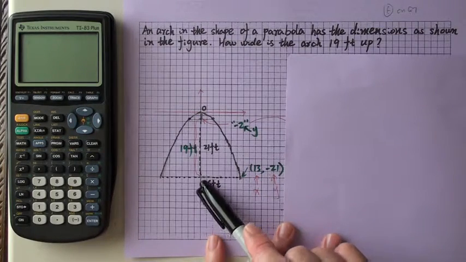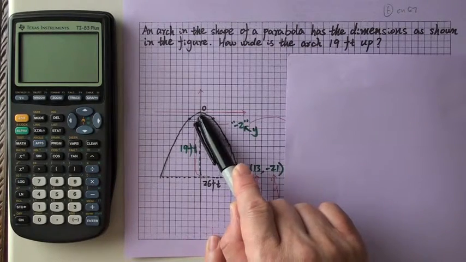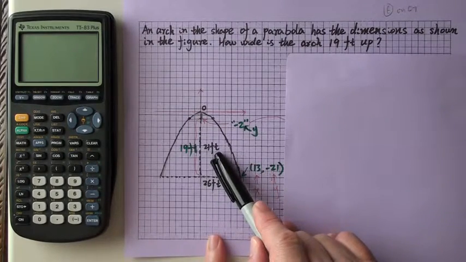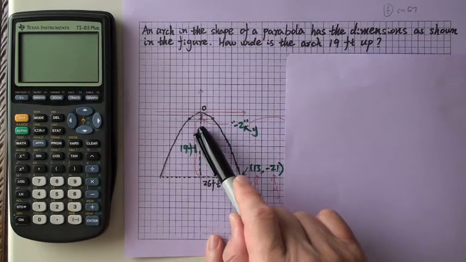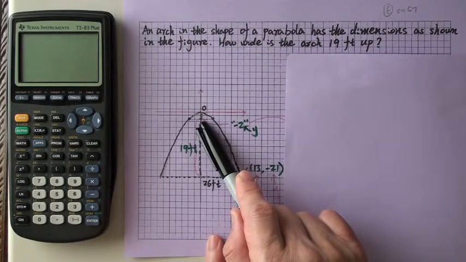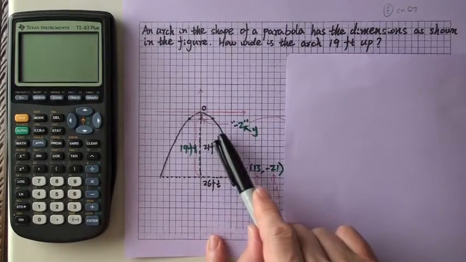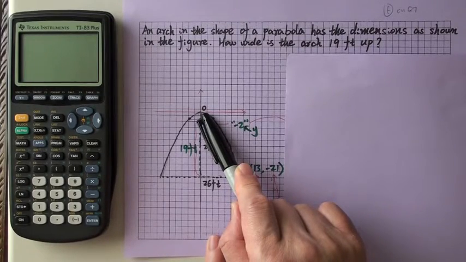Now, if the origin coincides with the vertex, we know the total height is 21 feet, and 19 feet up is from the bottom to this far. Then from 0 to the point down here is -2, since the origin is on the vertex.